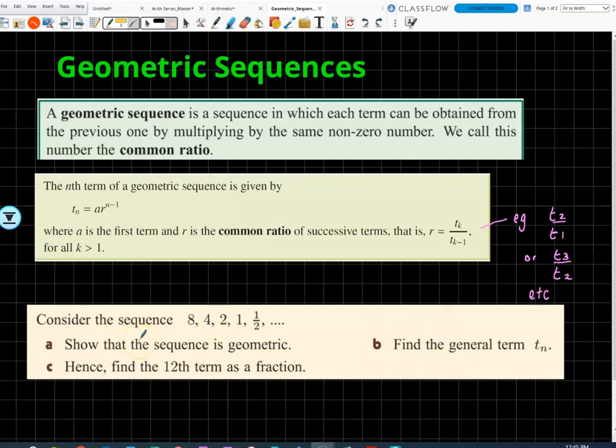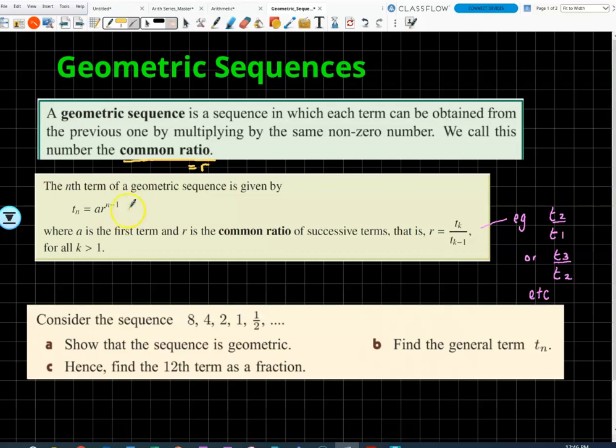We do the same thing with geometric, except instead of subtracting, we divide. So instead of common difference, it is the common ratio, and we call that r.